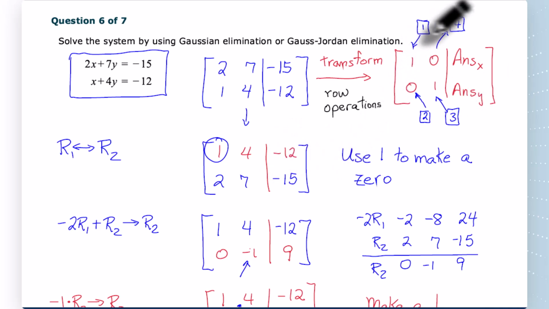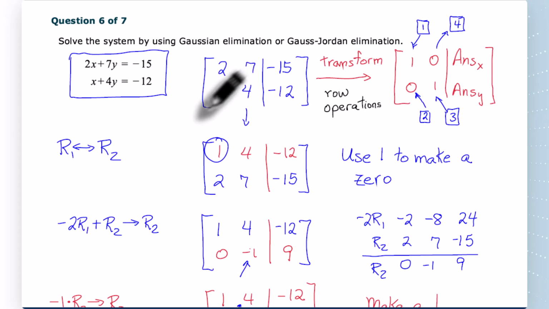Now you might say, what are these numbers you've got around there? Well, that's the order. I want to get this 1 first. I want to use the 1 to make a 0 under it. I want to get a 1 here third, and finally use the 1 to make a 0 above it. All right, so I'm looking. I've got a 2 there. I don't have a 1, but there's a 1 there.